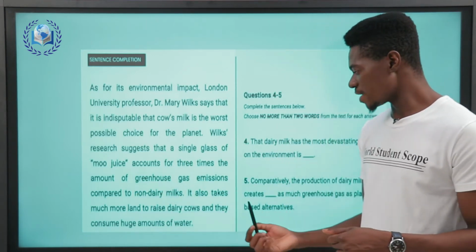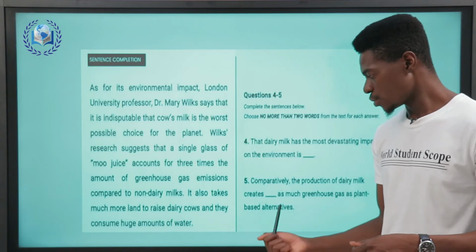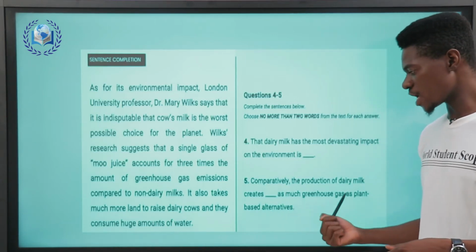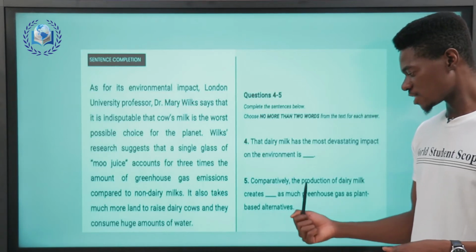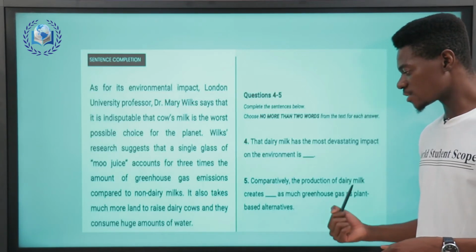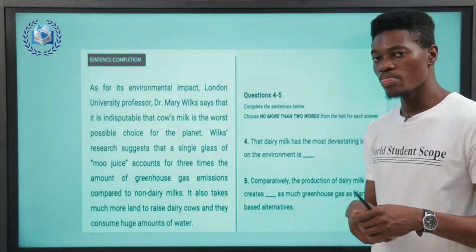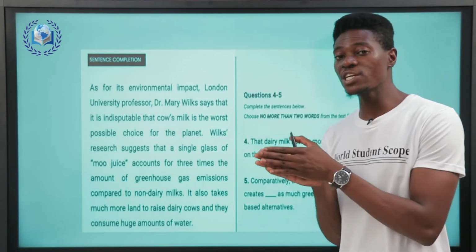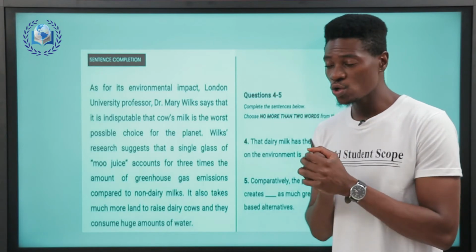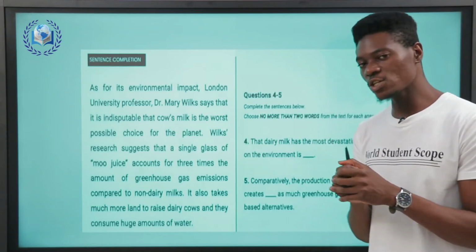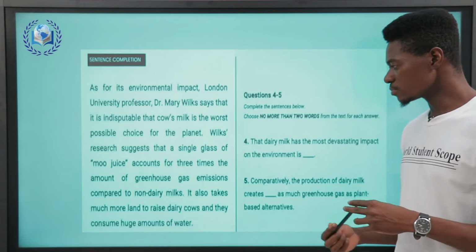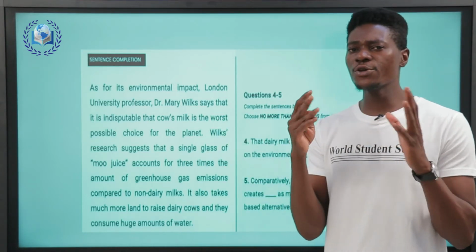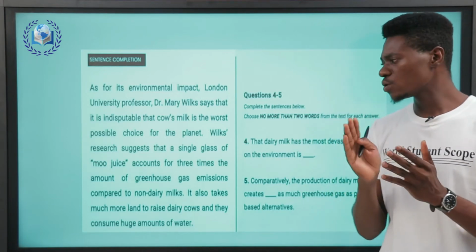You also try to solve the next question. You can find, comparatively, the production of dairy milk creates as much greenhouse gas as plant-based milk. First, when you see comparatively, it means comparison between two things or more than two things. Now, we just try to find from the passage where they compare more than two things.